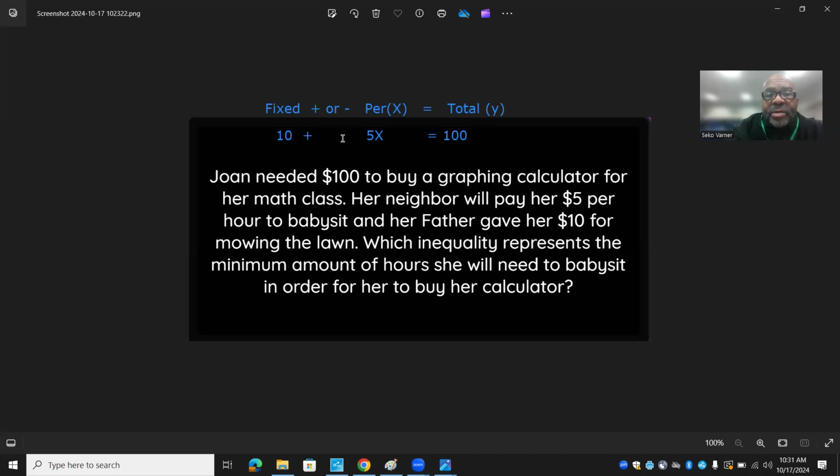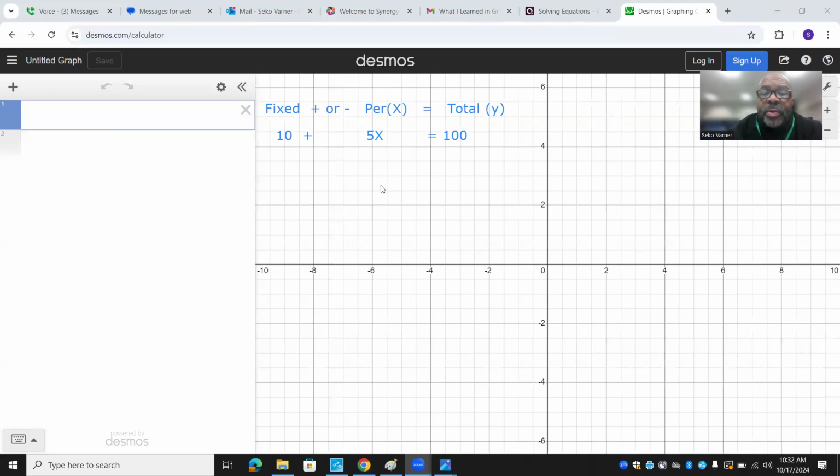Now what we need to do is solve for x so we can figure out how many hours she needs to babysit. Let's do that, and I'm going to use Desmos. In my Desmos calculator, I can do 10 plus 5x, and it's giving me a linear equation, equals 100.